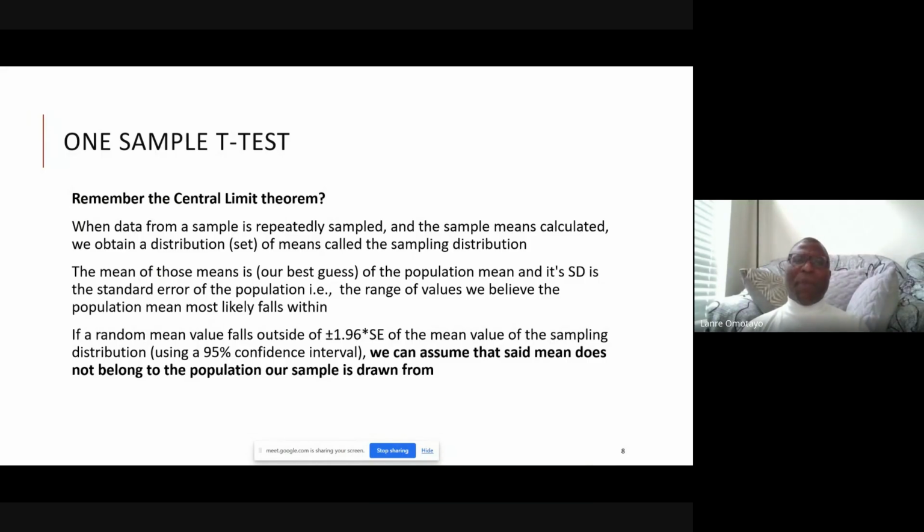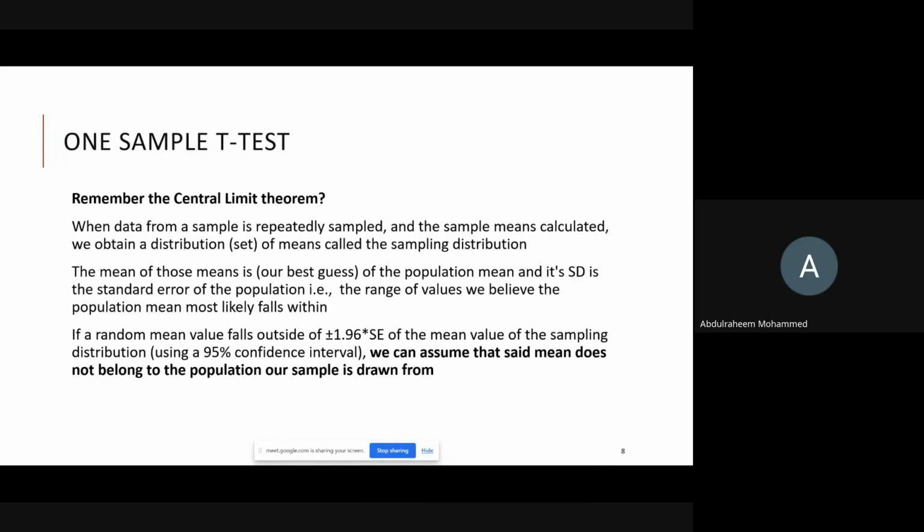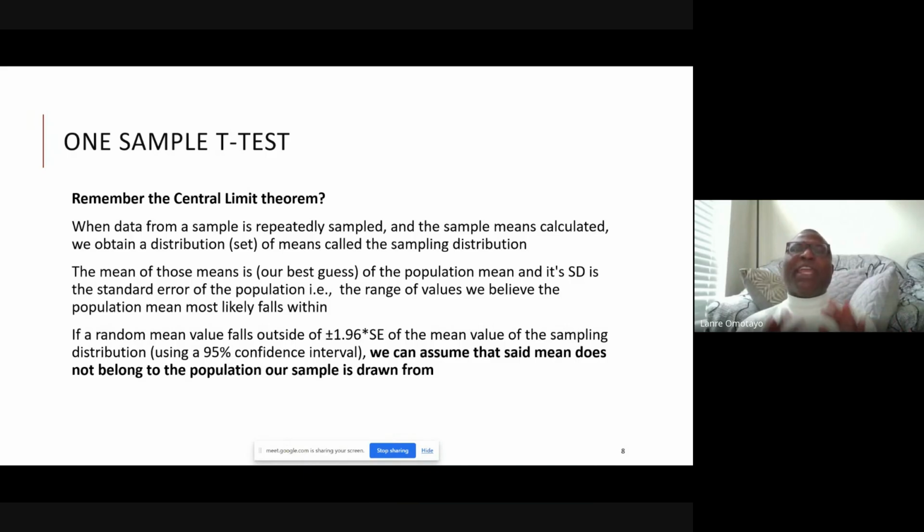So when we talk about population, we are talking about everybody that's of interest, right? The target population. We are talking about all the kids in Kenya that we can never enumerate. All the neonates in Kenya that we can never enumerate, right? Now, when we talk about sample, we're talking about the kids that we were able to select through our random process, right?